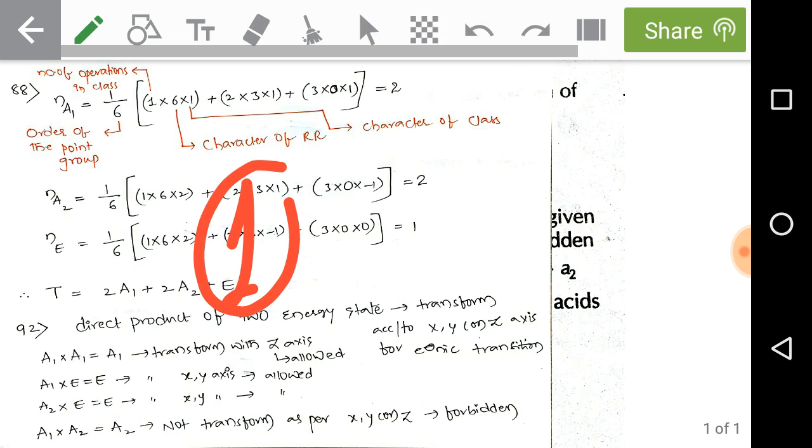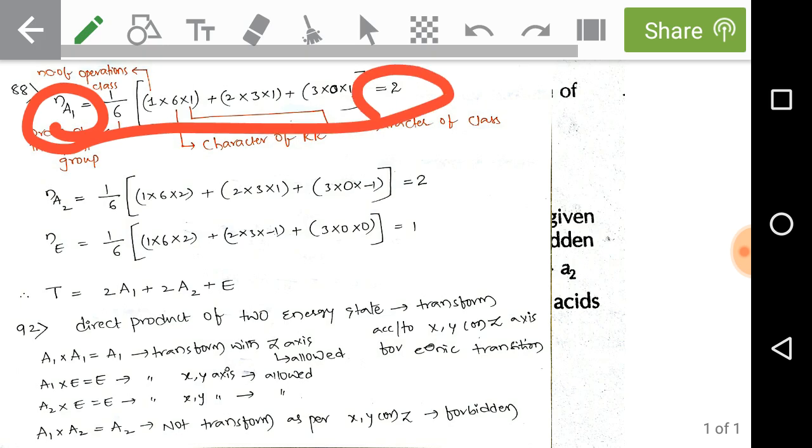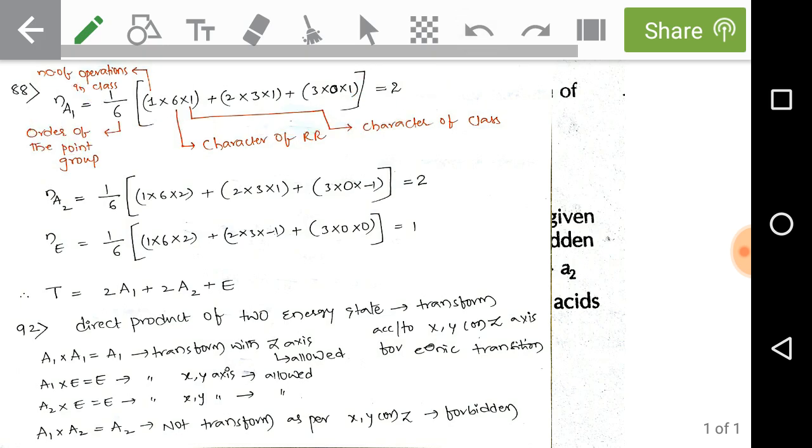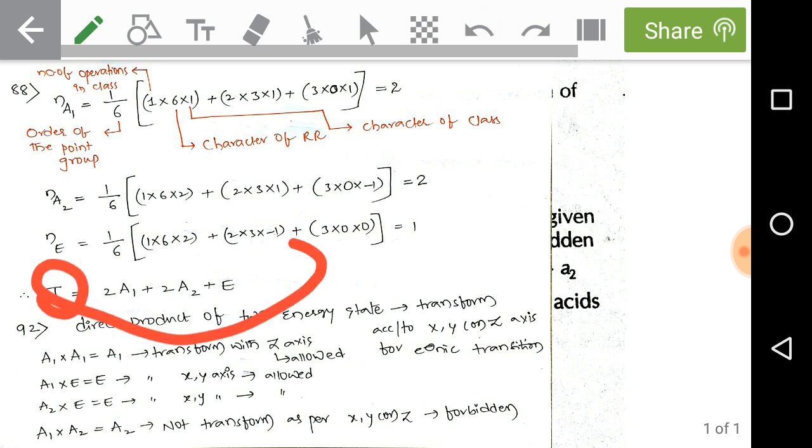Like that we need to take for C3 and at the same time sigma V. If we do that for A1, the number of irreducible characters equals 2. At the same time for A2 we get 2, for E we get 1. So the total T equals 2 A1 plus 2 A2 plus E. Just check the options.